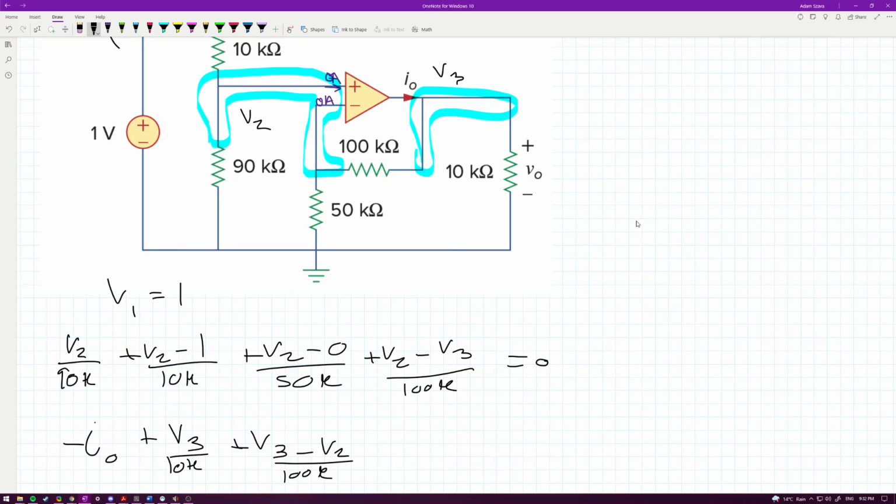Then what are we going to do about that negative I naught? That is troublesome. How do you have V2 over 10k twice? Shouldn't it just be the V2 minus 1 over 10k? What's the first one doing there? This one, that's a 90k. Oh, that's from that. Yeah, I was wondering.